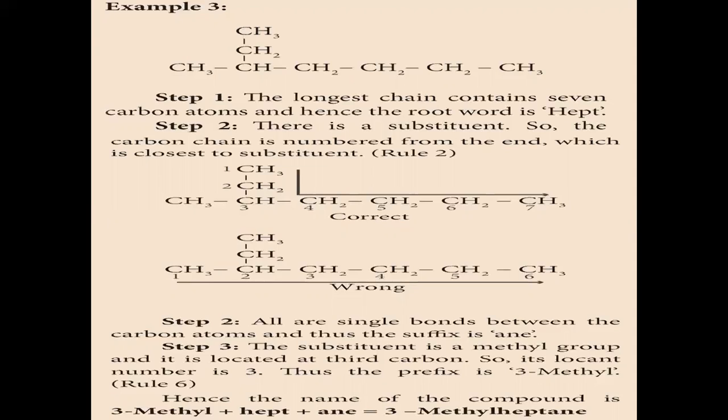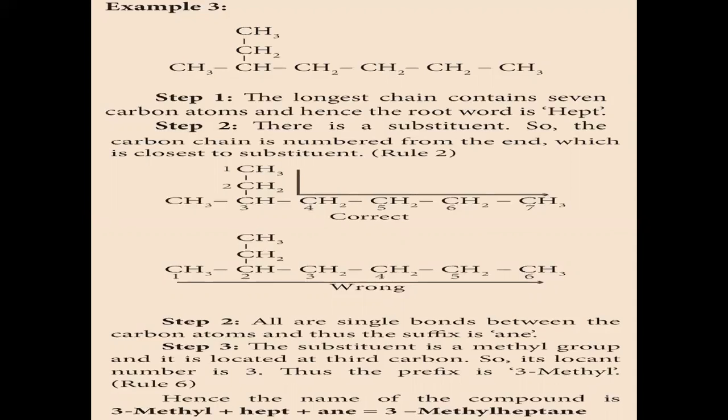There is a substituent, CH3. The substituent is CH3, and the prefix word is methyl. So the locator number is 3, because the substituent is on carbon 3. So 3-methyl hept, because 7 carbon atoms are present.